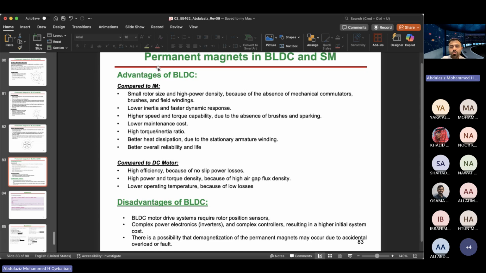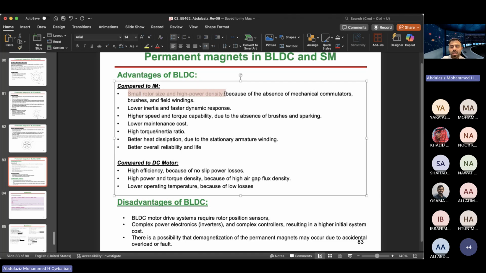The advantages of brushless DC compared to the induction machine: you will have a smaller rotor size, higher power density, lower inertia, faster dynamic response for vehicles, higher speed torque capability, lower cost, better heat dissipation, and better overall reliability.